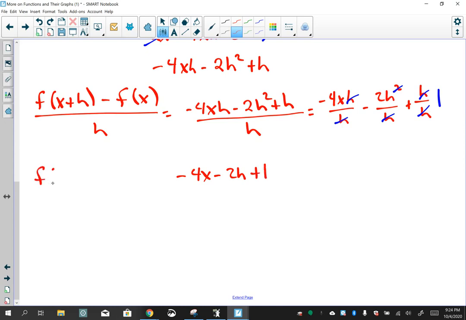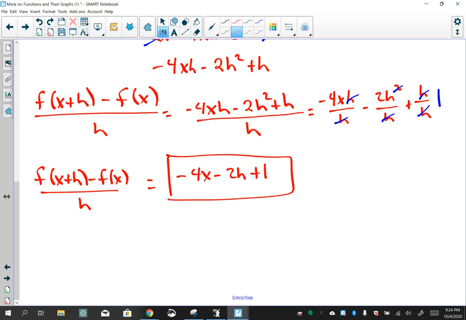That is what my difference quotient gives me. It gives me this right here, and you are finished. I know it's a lot, but this is what we are looking for as your final answer right here.